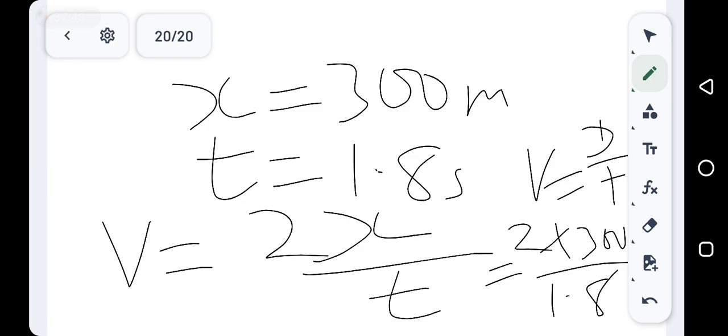Now when we divide this, whatever it gives us is the velocity of the sound. That is the velocity of the sound in air for this echo sound.